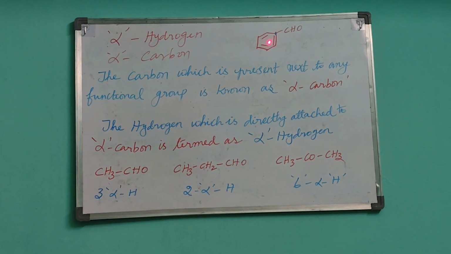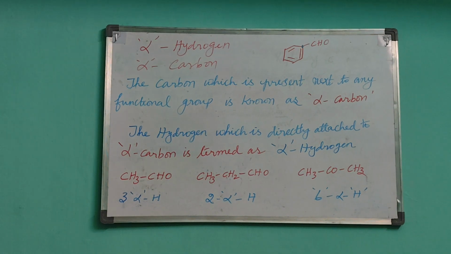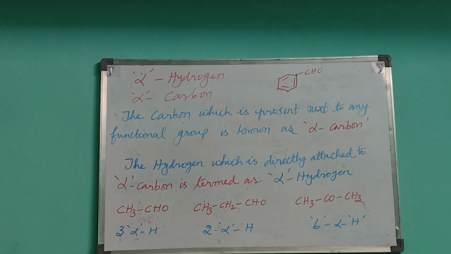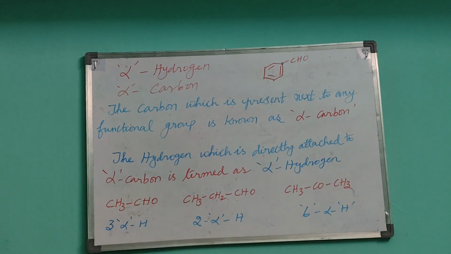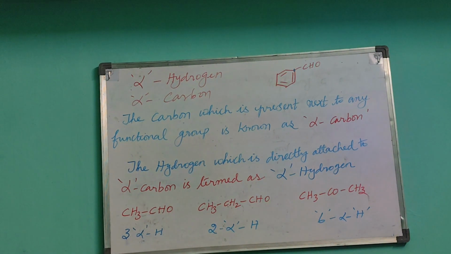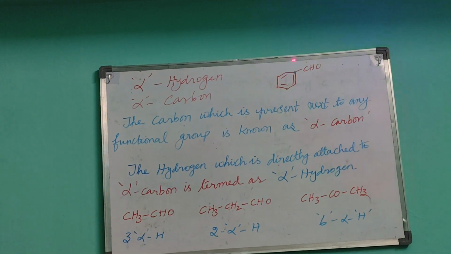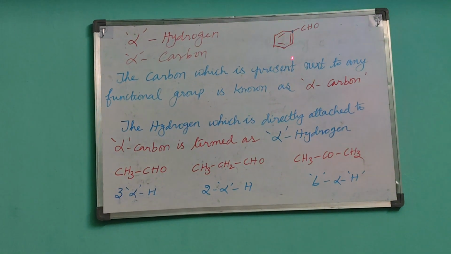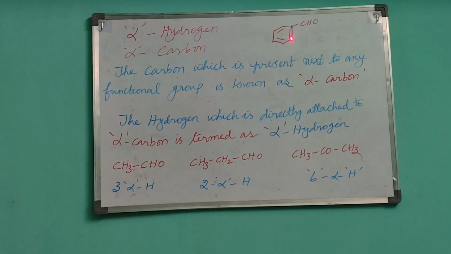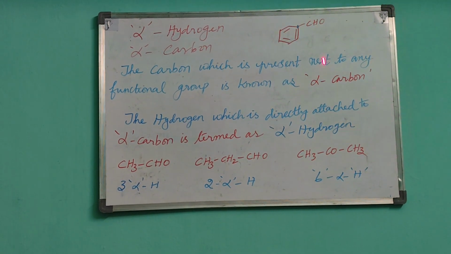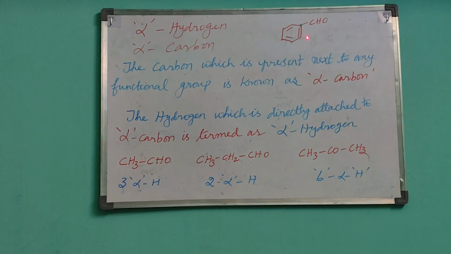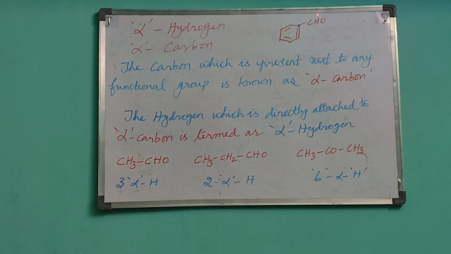Coming to the aromatic compounds, benzaldehyde. As I said in our previous video, we discussed alpha hydrogens, right? In the Cannizzaro reaction, we should take the aldehyde which does not contain alpha hydrogen. Benzaldehyde does not contain alpha hydrogen. How? If you see, this CHO is the aldehyde functional group.